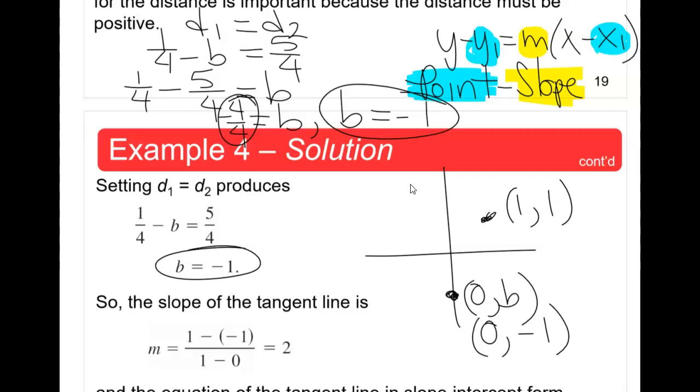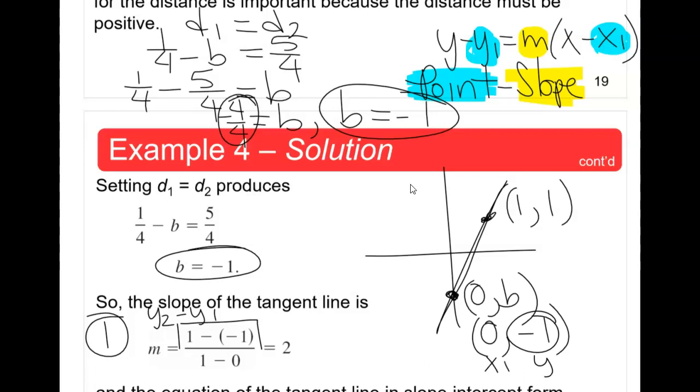So now that we have 2 points and we want to find the equation of that line, first we find the slope. The formula for slope is y sub 2 minus y sub 1. So here we have 1 minus, and notice how negative 1 is here. Well, b is negative itself, so we had to put it in parentheses.